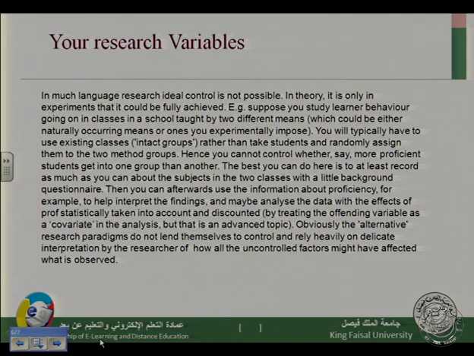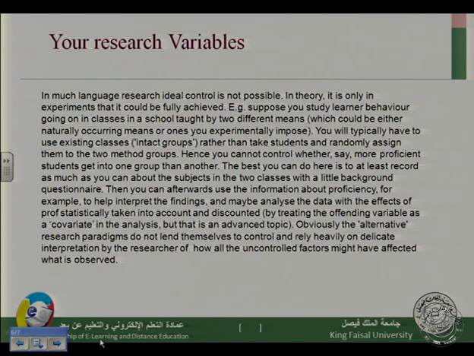For example, the grammar class and the section A, and the grammar class section B. You take them as they are, so you don't need to randomize them and etc. Hence, you cannot control whether, say, more proficient students get into one group than the other. Yes, and here is very important. Maybe you have in section A here better students than section B. So controlling proficiency is out of your hand.